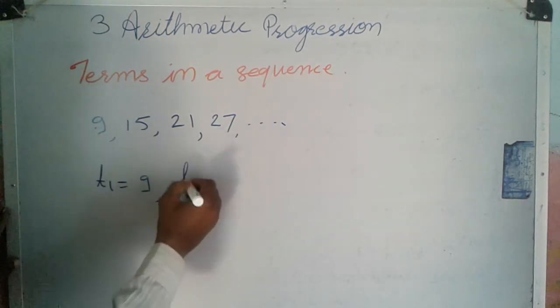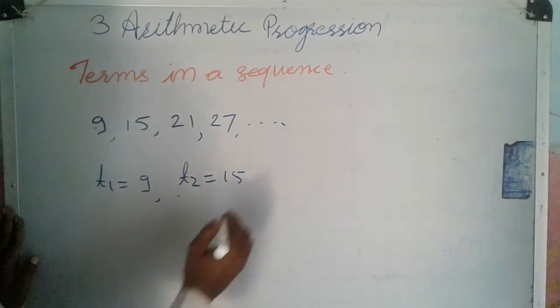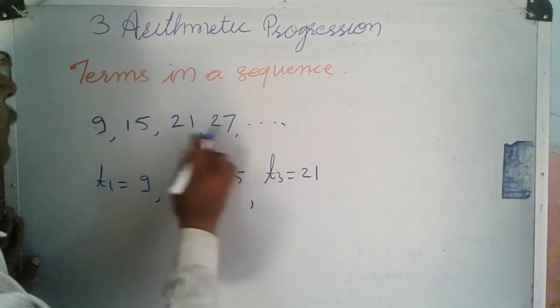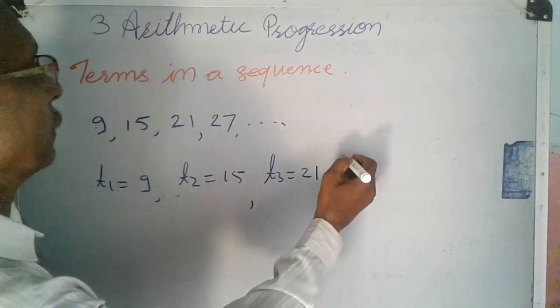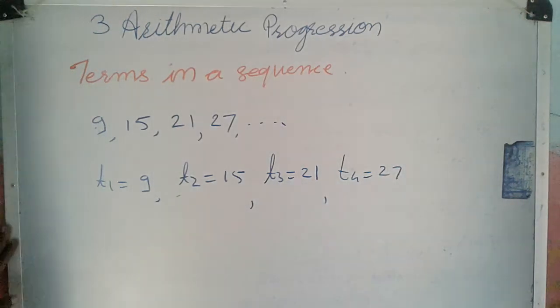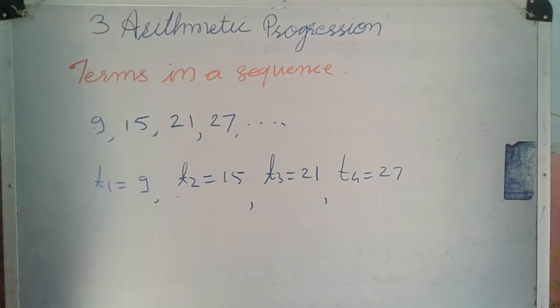Second term, that is T2, is equal to 15. Third term, 21. Fourth term, like that. In this way, the terms in the sequence are written.